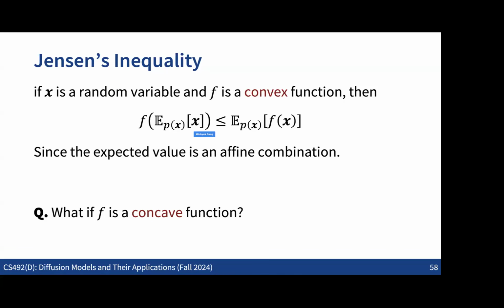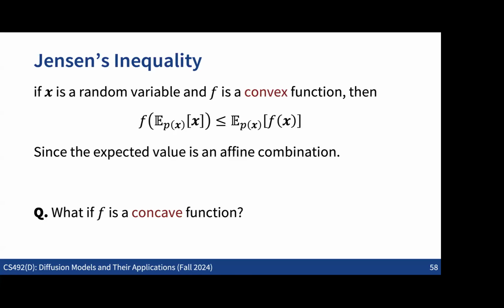So when we take the expected value, this property for convex functions will hold. Evaluating the function first and then taking the expected value should be equal or greater than taking the expected value and then evaluating the function, right? This is called Jensen's inequality. It is nothing but a consequence of the definition of the convex function. Is this clear?